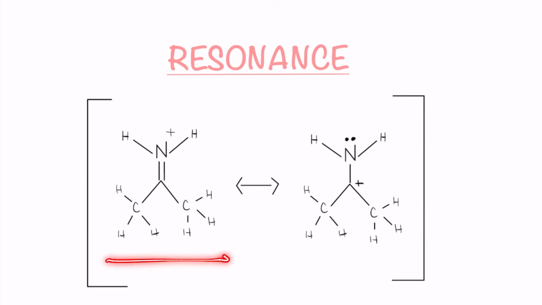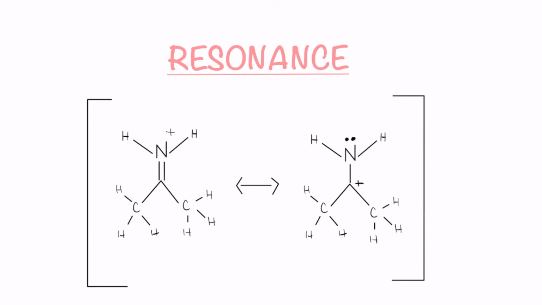Now, to show that this compound turned into this compound, we have to draw an arrow. And so what we want to show is that this bond here broke off in the form of a lone pair and jumped onto the nitrogen. And this makes sense, right? Because you know that every single bond contains 2 electrons.